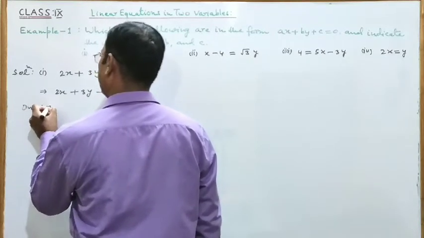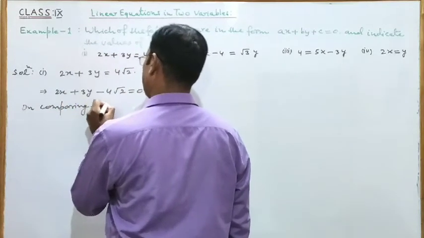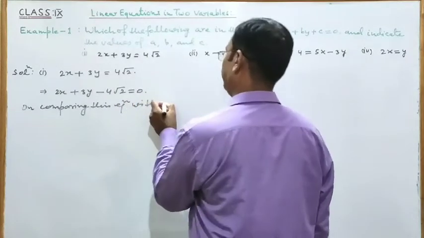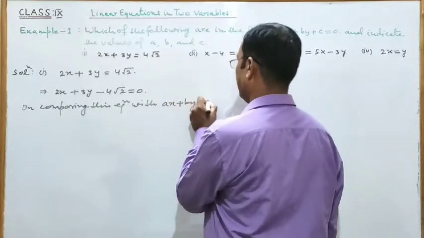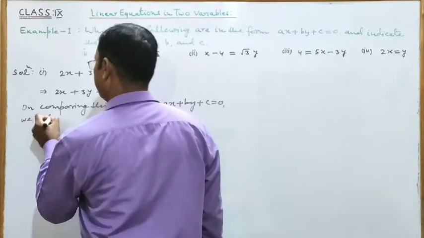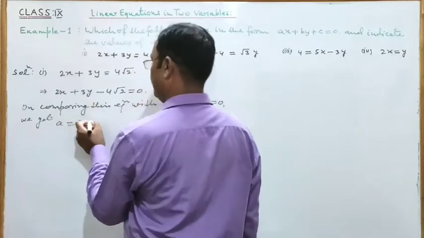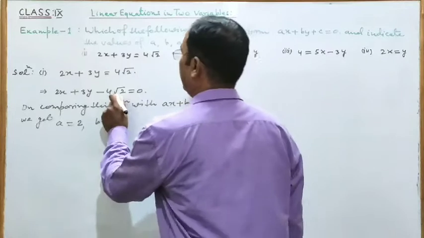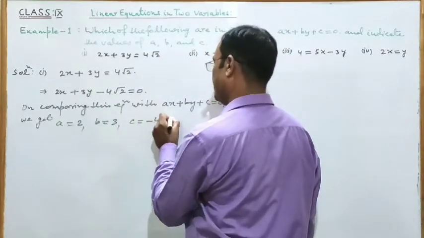So on comparing this equation with ax plus by plus c equal to 0, we get a, coefficient of x, is 2, b, coefficient of y, is 3, and c, the constant term, is minus 4 root 2.